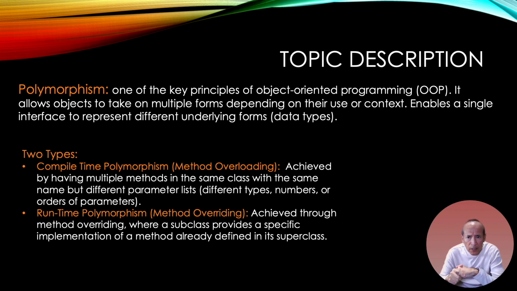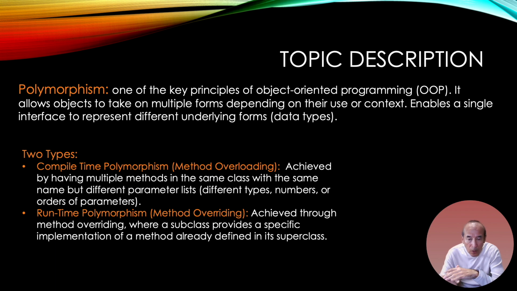They're both important, but compile time polymorphism is method overloading. That is when you can have multiple methods in the same class with the same name but a different parameter list. So it's a different interface. You can have a start method that takes in some parameters, another start method that takes no parameters, but basically you're overloading the method.